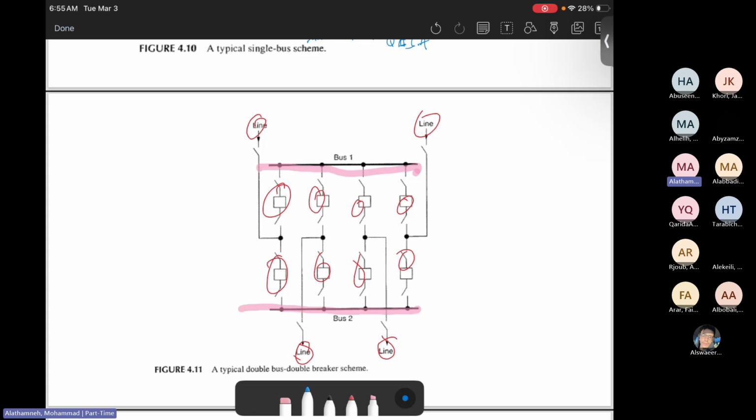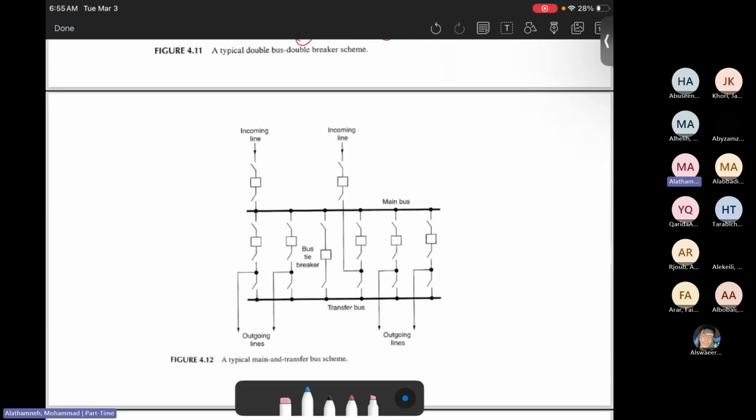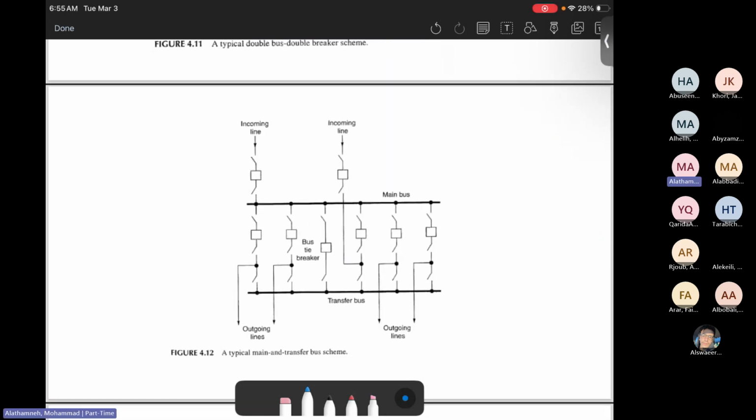While that's the other one. If the load is not that important, then why do we need to spend a lot of money on something not very important? The other thing, some modifications can be done to reduce the cost, because again, double bus, double breaker is very expensive. Can we figure out a way to use two bus bars, but without doubling the breakers?